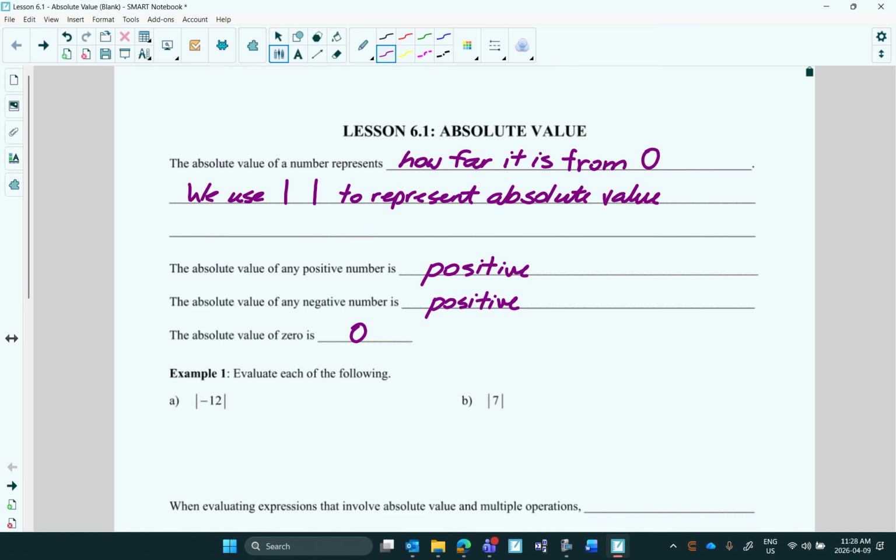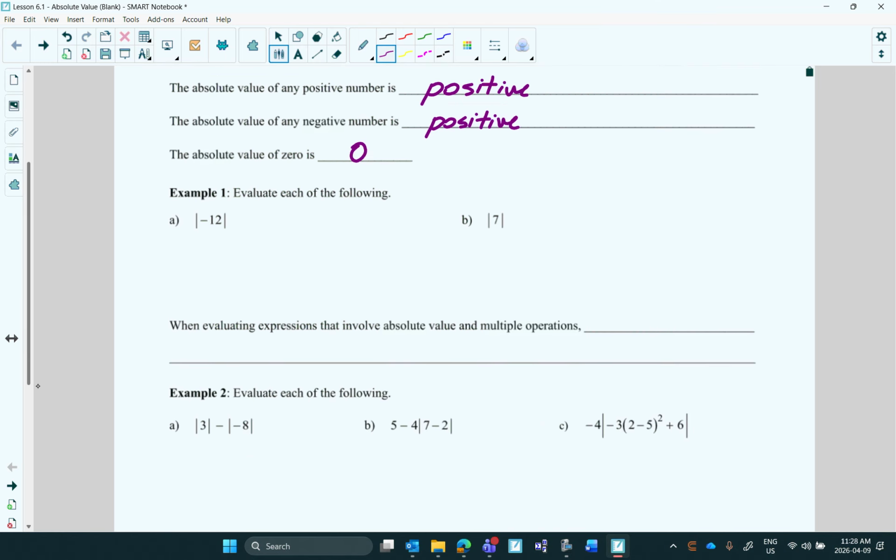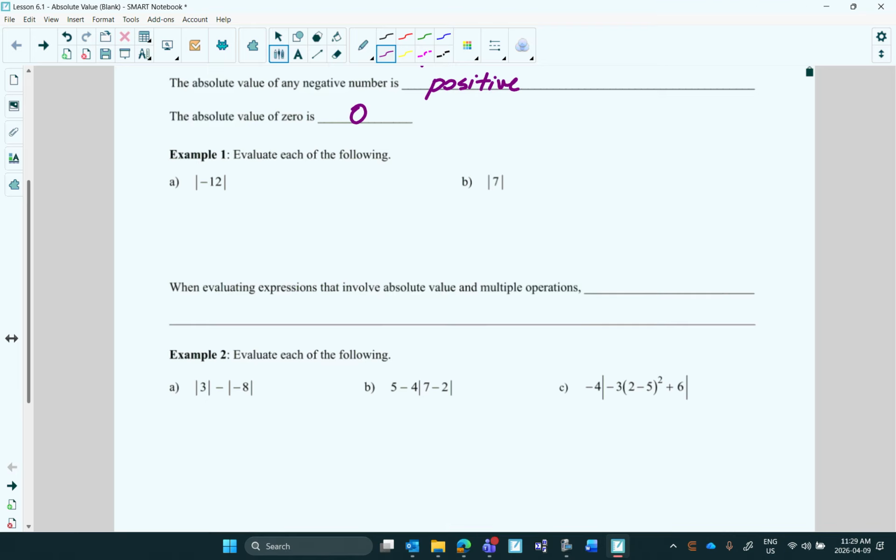So let's just look at a couple of examples. So what is this telling you? It's saying the absolute value of -12. 12. The absolute value of 7. 7. Okay.